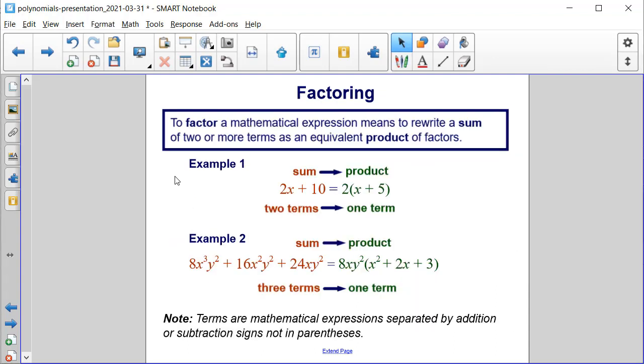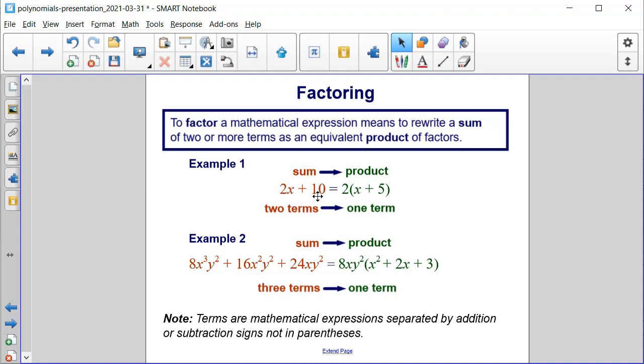To factor a mathematical expression means to rewrite a sum of 2 or more terms as an equivalent product of factors. So in this first example here, we have 2 terms that are added together, or we have a sum. And in this sum, we have 2x and a positive 10.